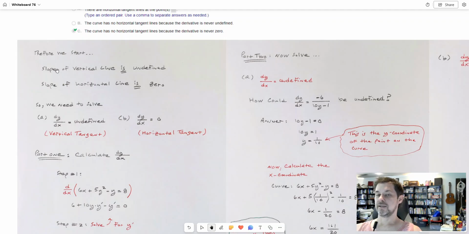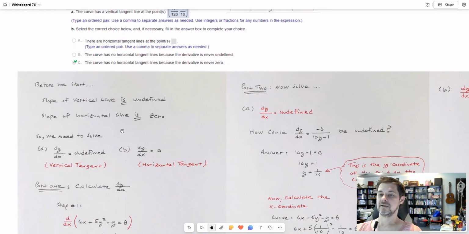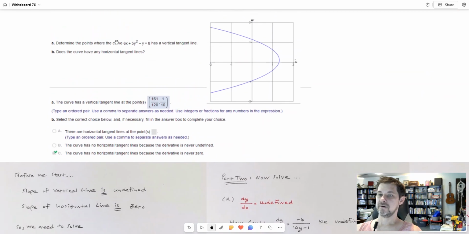So solving where on that curve there is a vertical or horizontal tangent is going to come down to this basic idea. Here's how that relates to this question: what I have is a curve given by an equation.